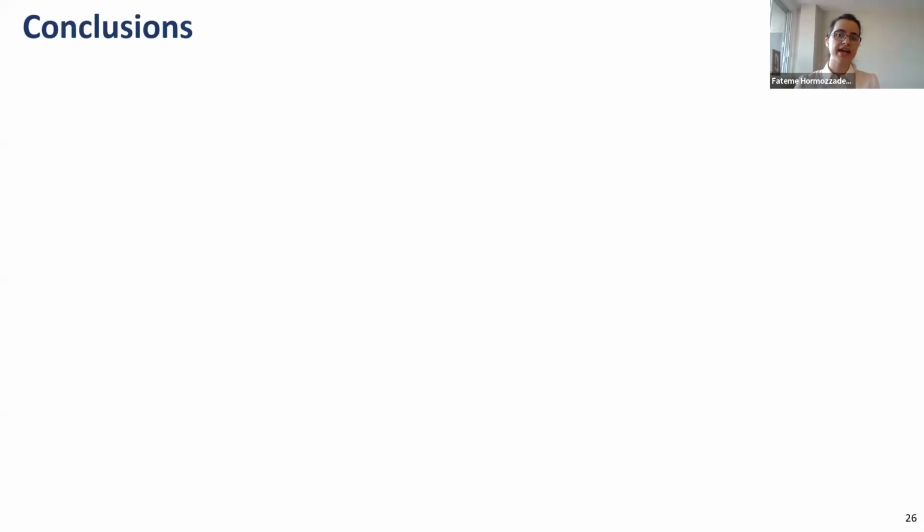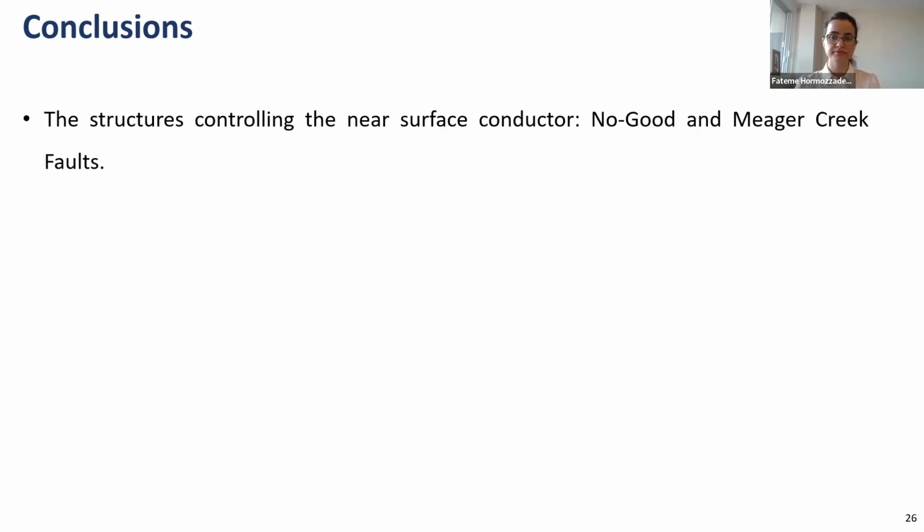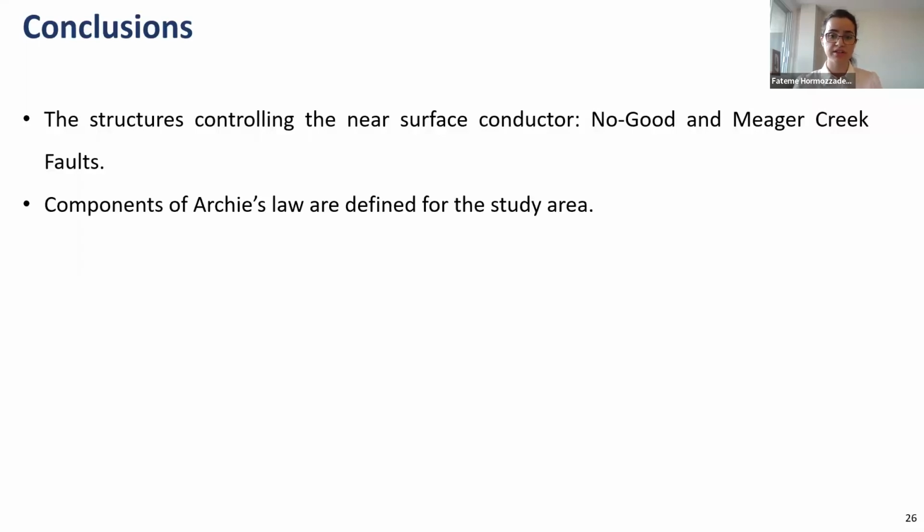Combining laboratory samples, fluid chemistry data, fracture data and AMT modeling, we can conclude that the AMT model showed conductive features as the cap rock, which were mainly bounded by two main local faults, and these conductors go down deep along the No Good Fault and above the Meager Creek Fault.